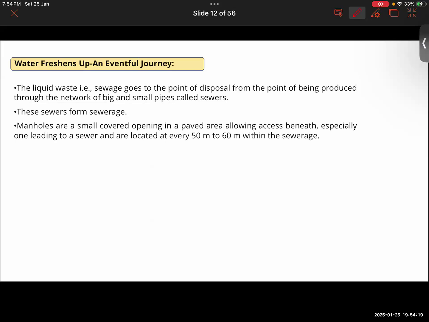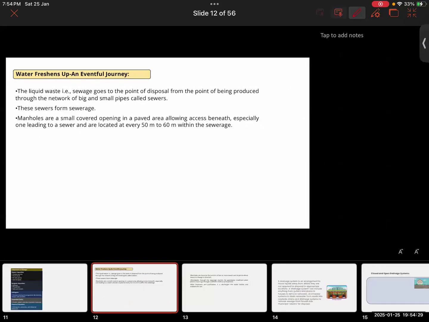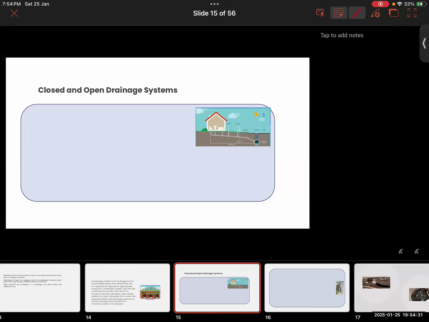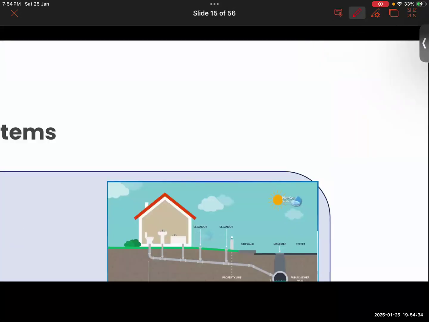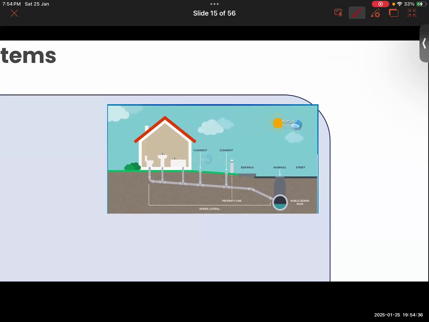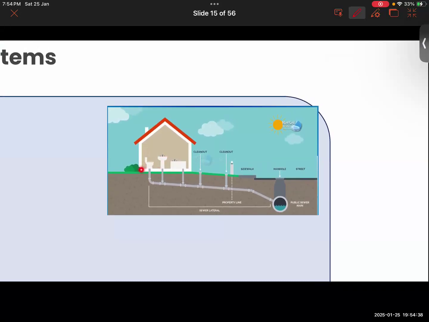Now, the liquid waste that is being generated, the liquid waste that is the sewage. What is happening here? As it is collected from different places, like in this diagram, the liquid waste that is sewage is being collected from our houses, from various sources, from the bathtubs and basins and washrooms and the toilets, right? So it is being collected from our houses, from offices, from hospitals and schools, and all such places.